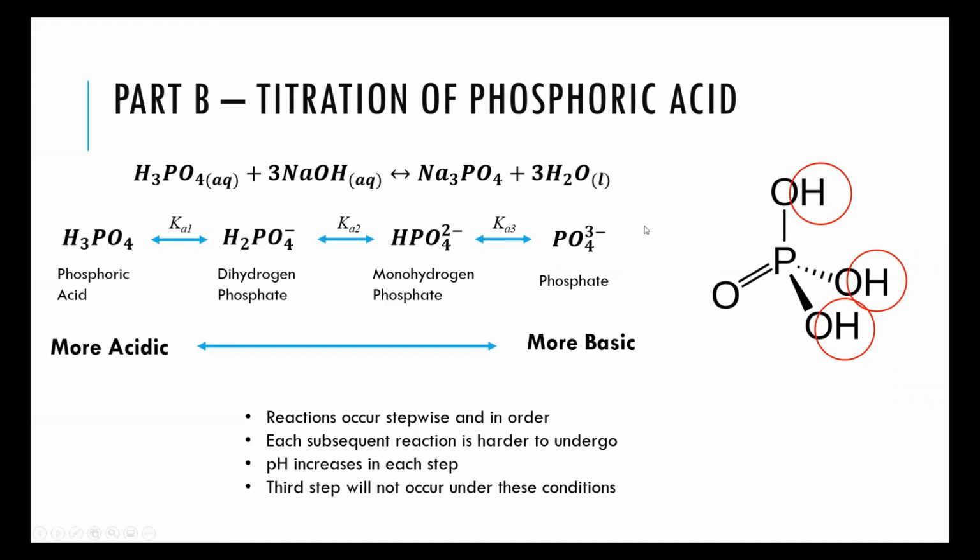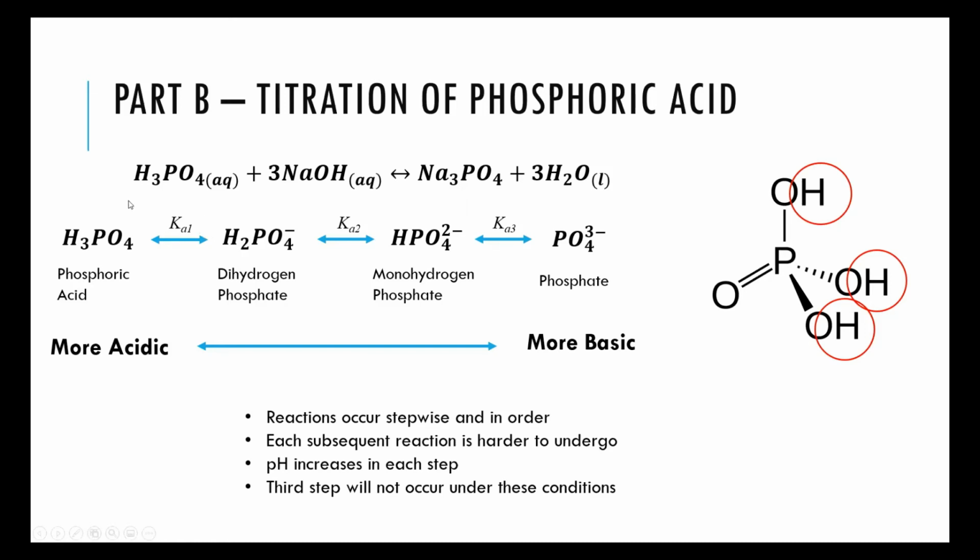So first, you'll prepare a solution of phosphoric acid and then measure what the pH is and add sodium hydroxide from a burette 1 milliliter at a time and measure 25 points. In this way, you're going to be obtaining the titration curve of the phosphoric acid.